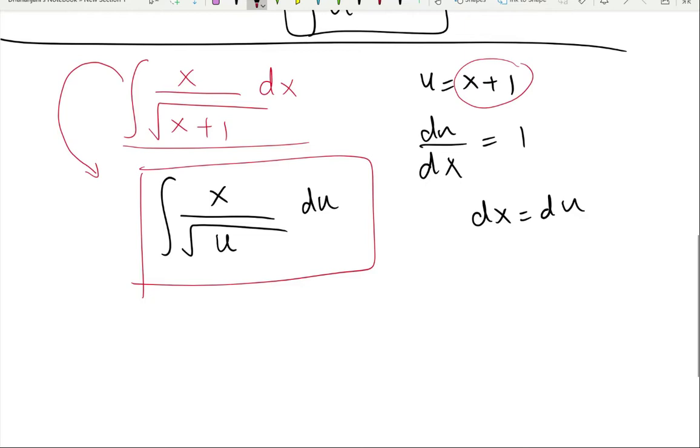Now when I do that conversion, I cannot have mixed variables. Like here I have both x and u. That's not correct. You cannot afford to have that. Either you have everything in terms of u or in terms of x, but that means you are back at the place that you started. So you have to have everything in terms of u. But here, unfortunately, we have x.